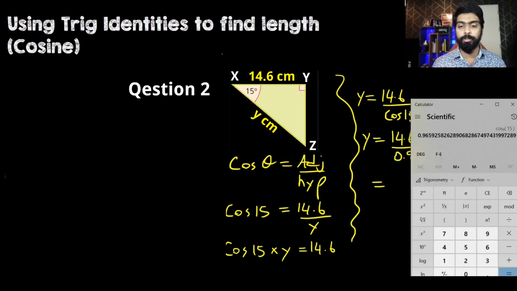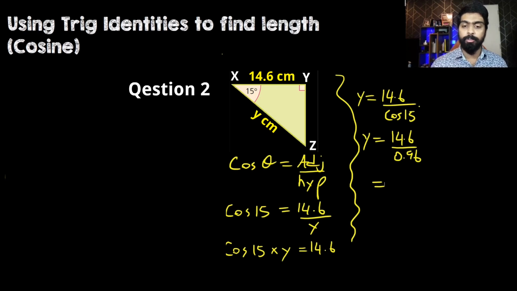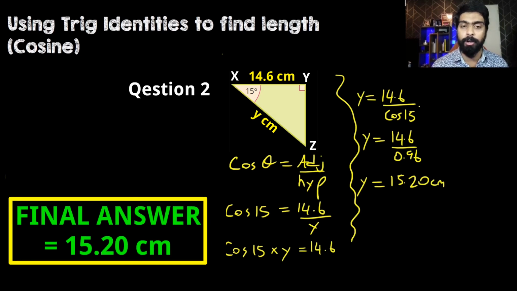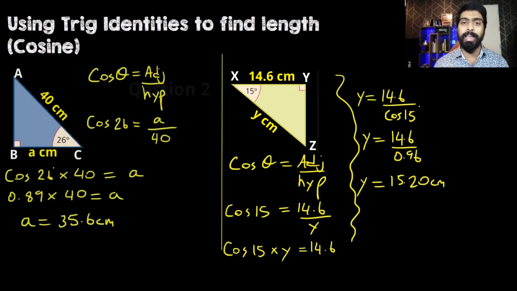Using the calculator again, 14.6 divided by 0.96 is approximately 15.20. So the value of y will be approximately 15.20 centimeters. And that is how we would find the length of the missing side using the cosine property.